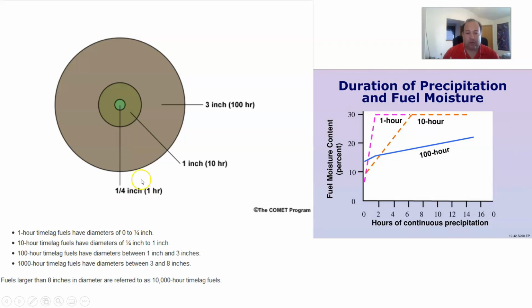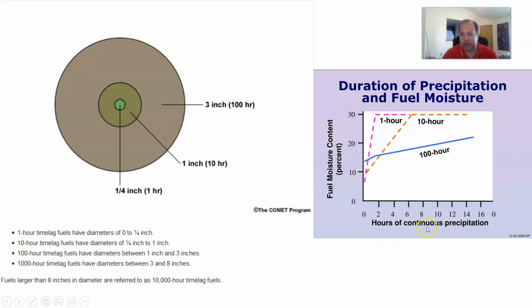The 10-hour fuels, anything from 1/4 inch to 1 inch in diameter, take about 10 hours for that to happen. Anything from 1 inch to 3 inches in diameter would take 100 hours, 1,000 hours for 3 to 8 inches, and anything larger than 8 inches takes about 10,000 hours to equal the moisture in the air.